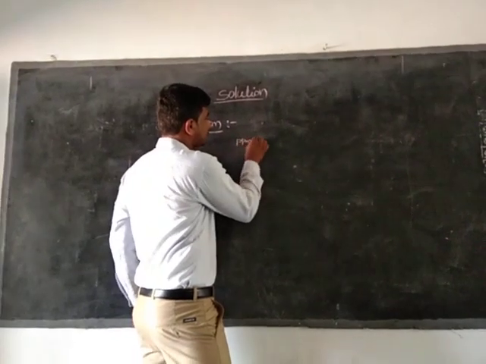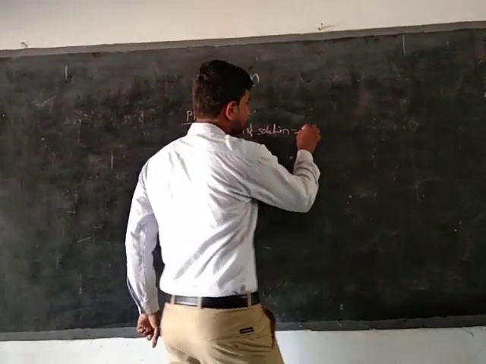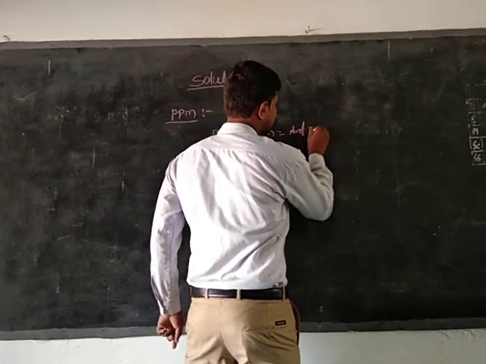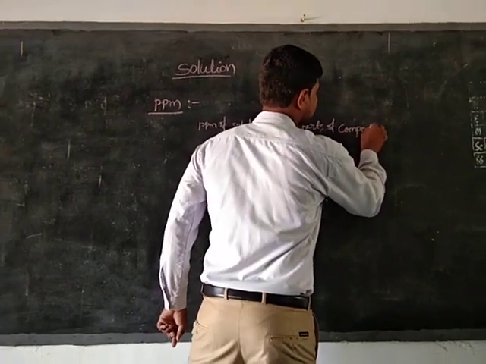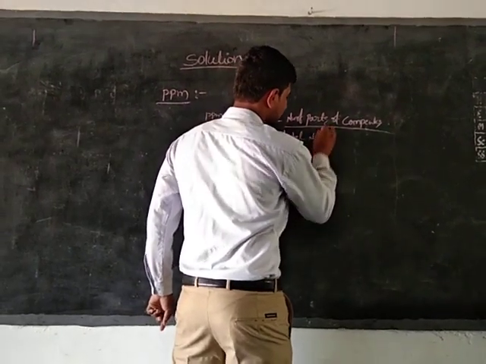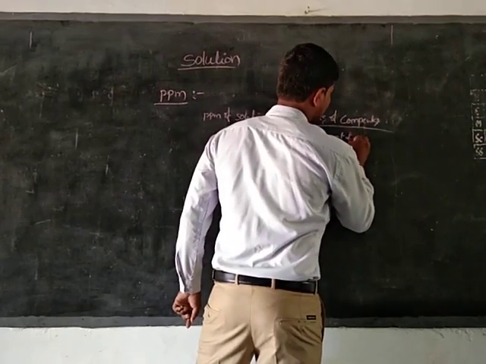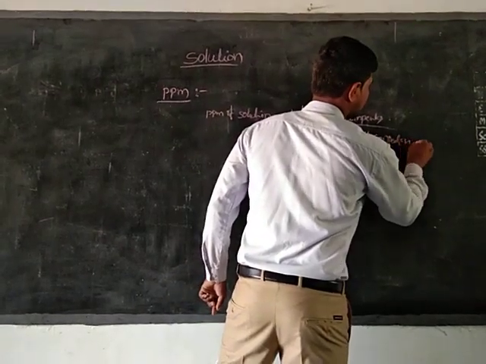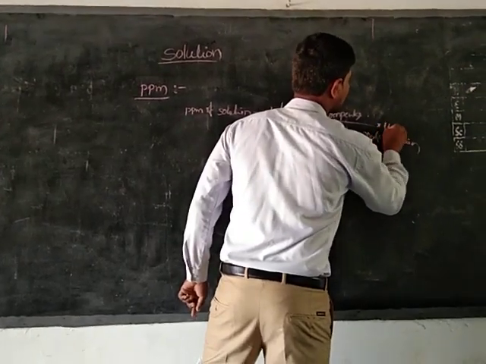ppm of solution equals the number of parts of components by the total number of parts of all components in a solution into 10 to the power of 6.